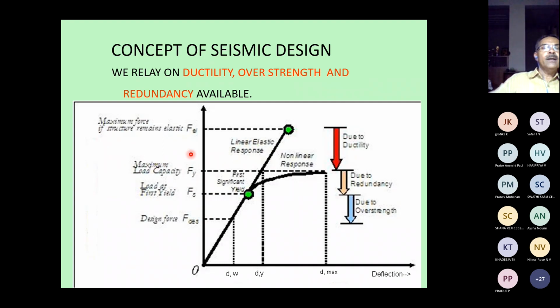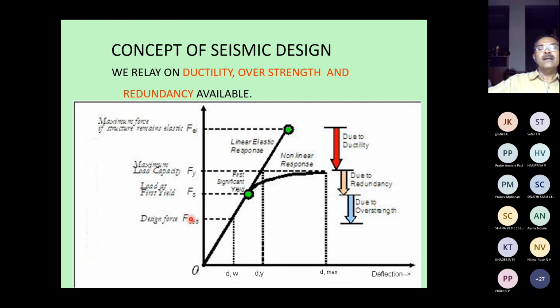It is explained here that during the peak earthquake, if the forces are F, we design only for a much lower force, normally 1/10 of the expected earthquake force.